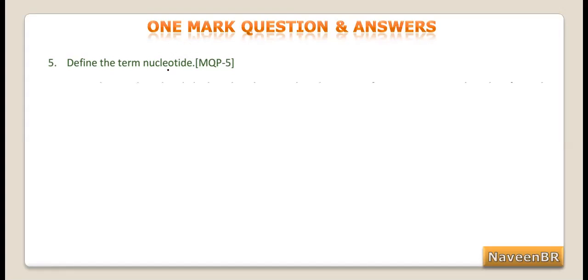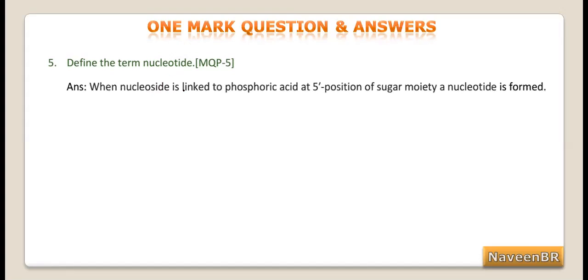Now we'll see the answer. When a nucleoside is linked to phosphoric acid at the 5' position of the sugar moiety, a nucleotide is formed. Or you can say that a pentose sugar, which when combined with a nitrogenous base and phosphate, forms a nucleotide.